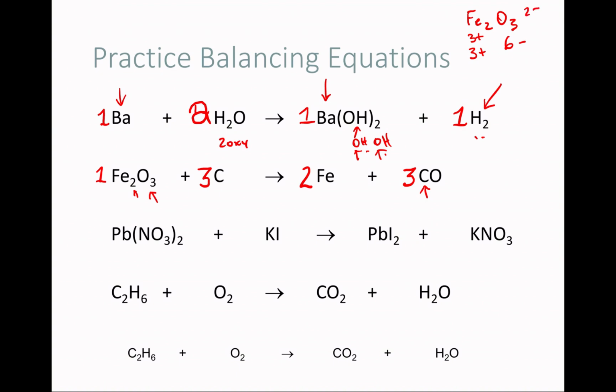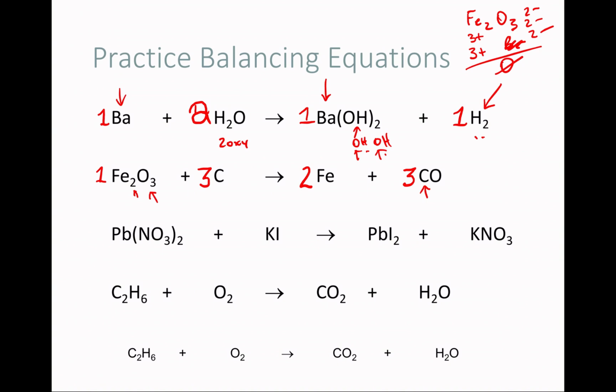Just write in the 2 minuses, to be honest. What we've got is a neutral amount. Perfect. So we're talking about iron 3. So 1 molecule of that and 3 molecules of carbon give you 2 iron molecules, and you're left with 3 carbon monoxide molecules. Holy moly. Okay, speed this up.